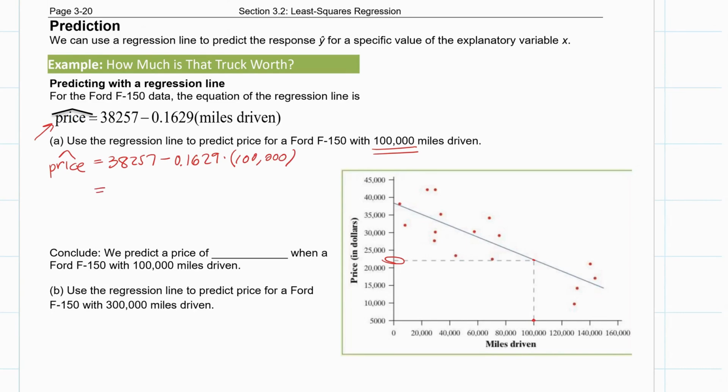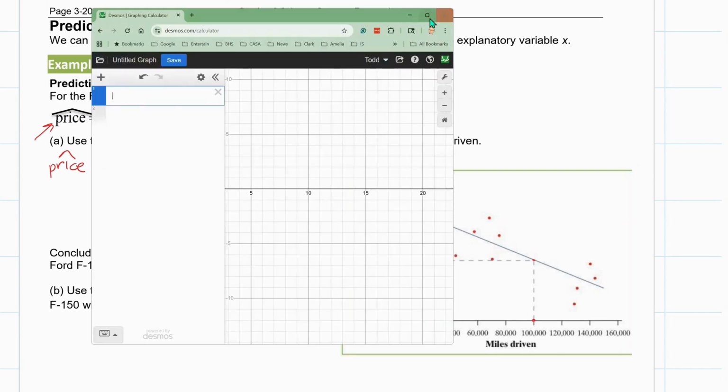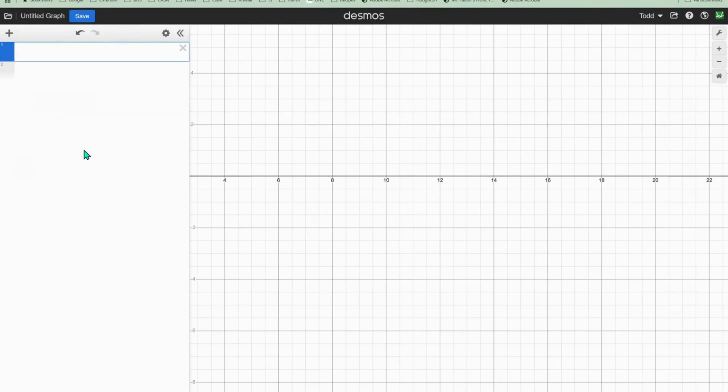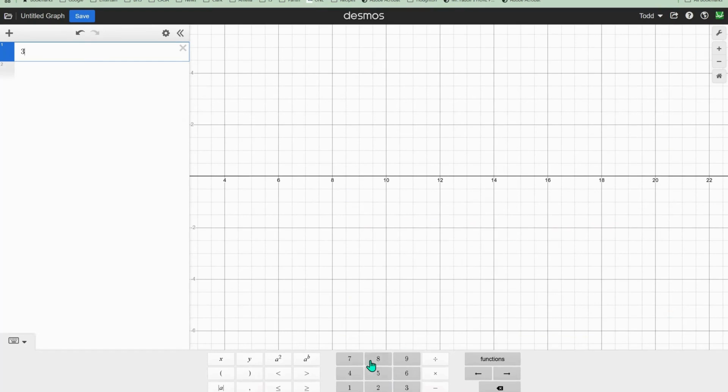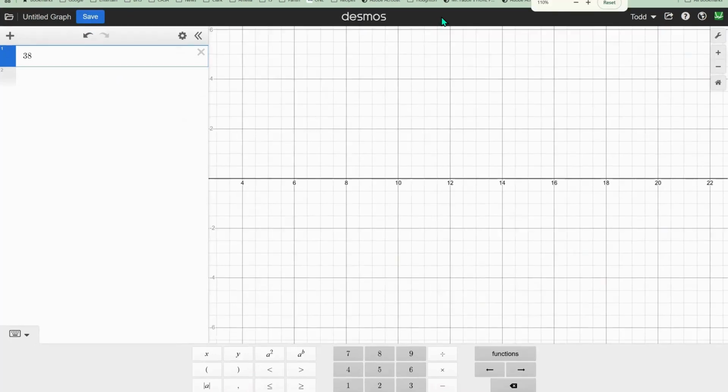And if I go to Desmos, I can put that in. I'll go ahead and type in 38,257 minus 0.1629 times 100,000. Let me increase the magnification for just a second, make it a little easier to read.